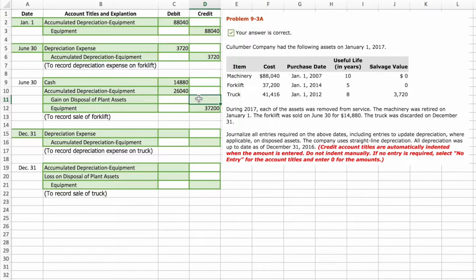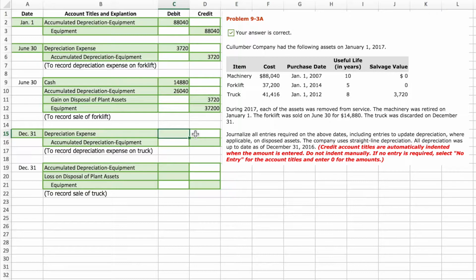So if you subtract that out, it gives us a book value of $11,160. But when you look at how much we sold it for, which was $14,880, and subtract the book value of $11,160, you have a gain of $3,720. So that is what we enter in for our gain on disposal of plant assets.